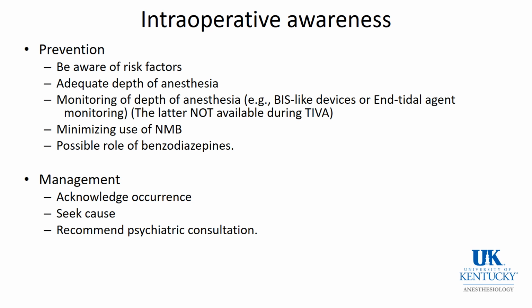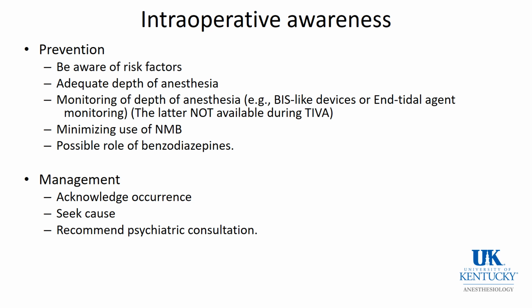Prevention: be aware of risk factors. Provide adequate depth of anesthesia. Monitor depth of anesthesia with BIS-like devices, end-tidal agent monitoring. Remember, end-tidal agent isn't available for TIVA, so I always use BIS with TIVA. I know not everyone does, but we don't have very good endpoints for adequacy of TIVA.